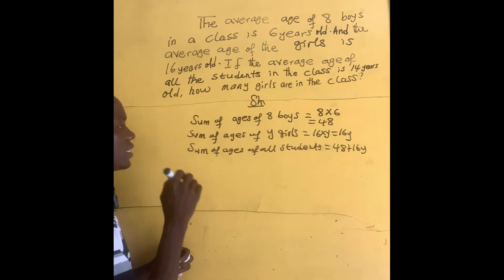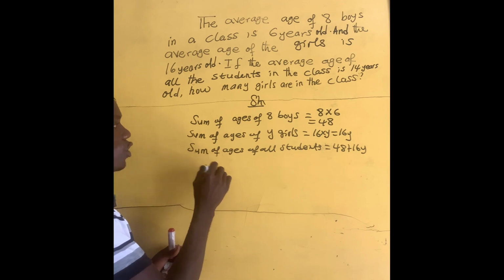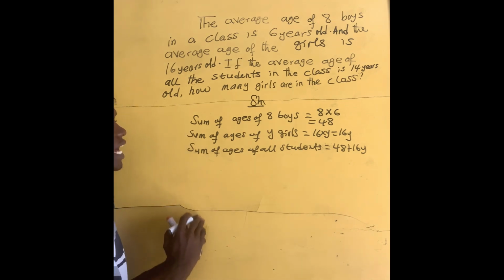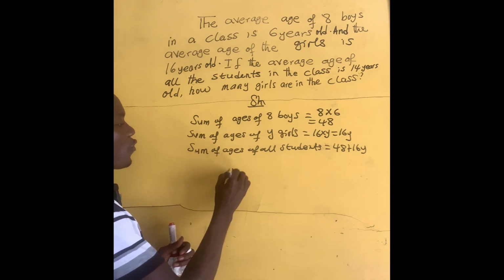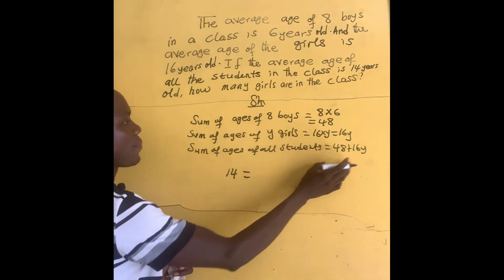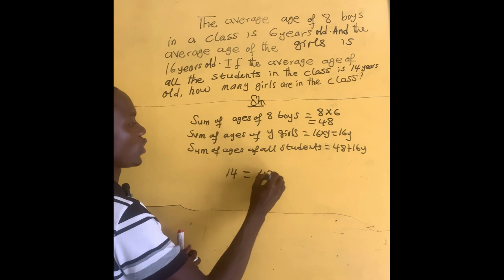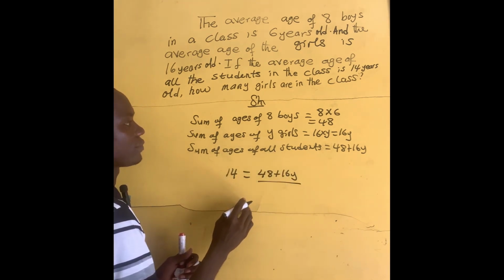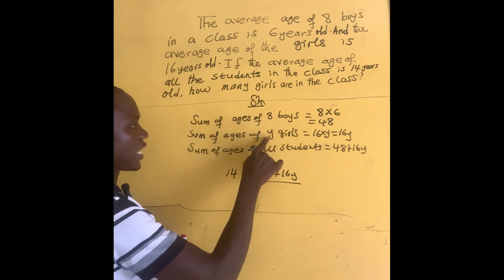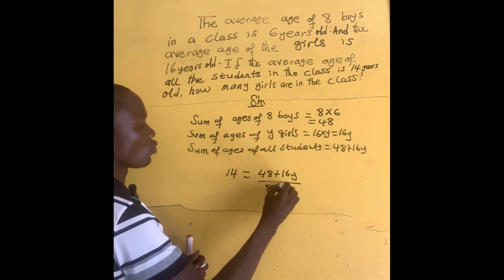So here, the average of 8 boys and y girls is 14. So we take 14 equal to sum of the ages, 48 plus 16y divided by 8 plus y, that is 8 plus y.